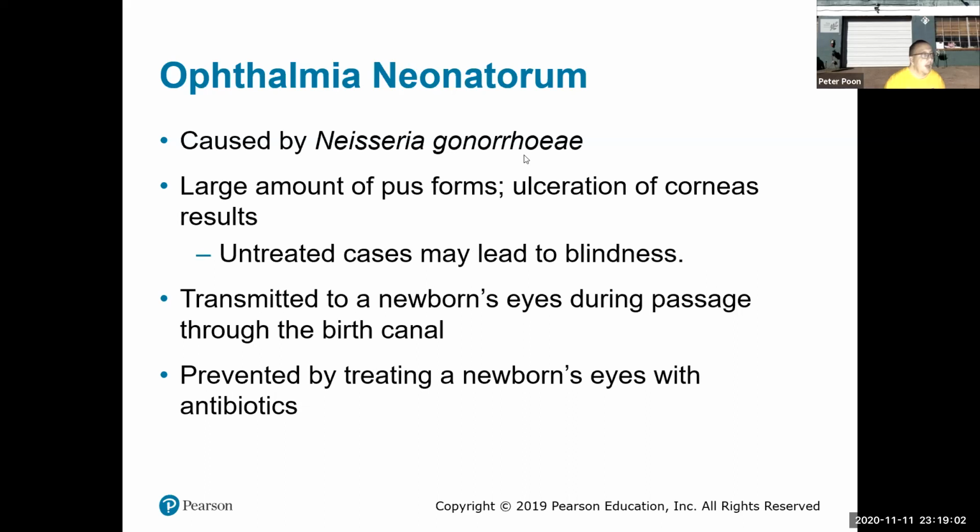Ophthalmia neonatorum. It's caused by gonorrhea. This actually happens on the way out of the birth canal. This is why, right after birth, the first thing you do is treat the baby with either antibiotics or silver nitrate.